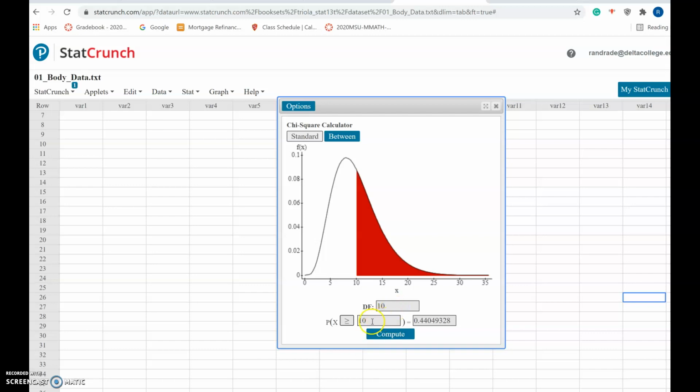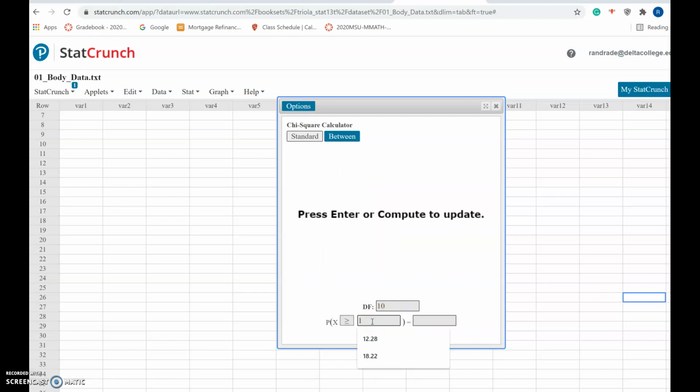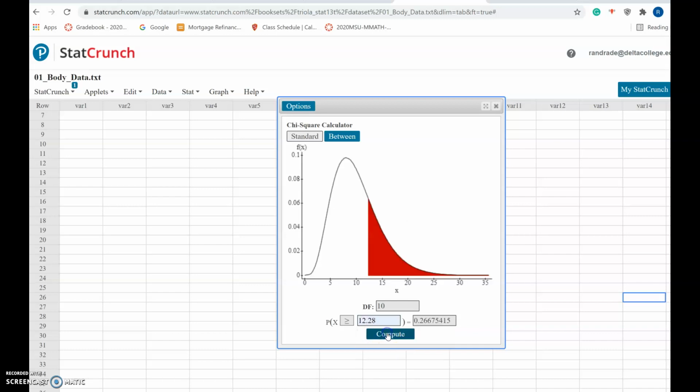So we also have 10 degrees of freedom, and the actual value is 12.28, and here you see the 0.2668 that we found. So just different tools.